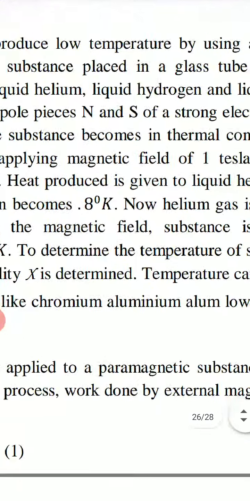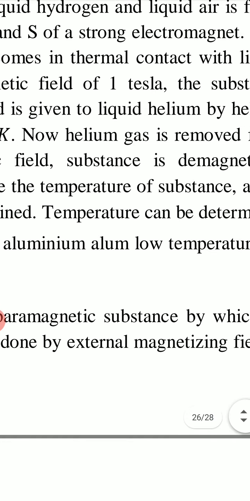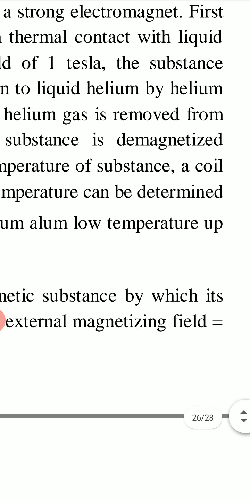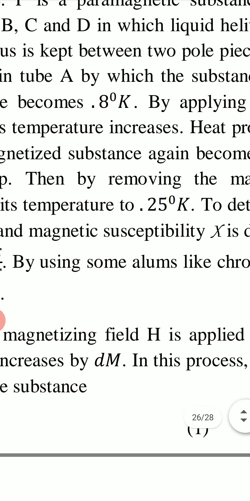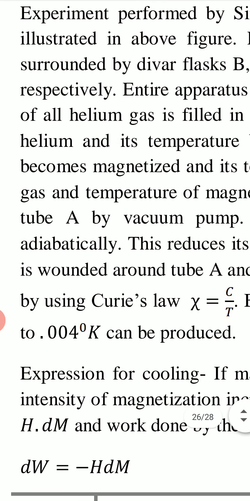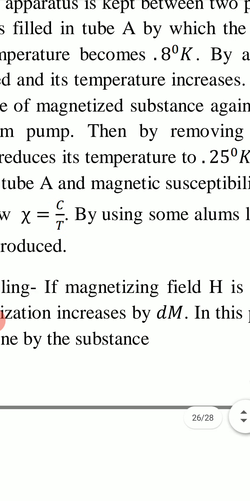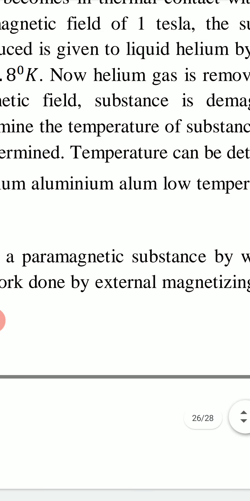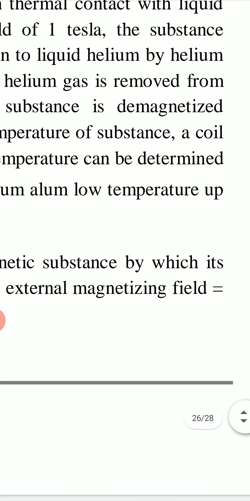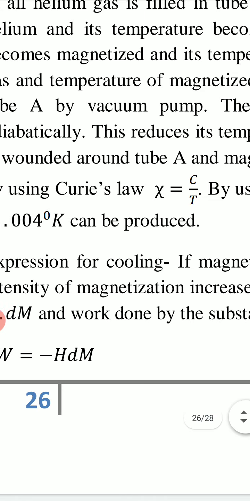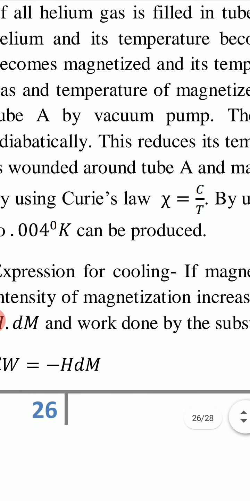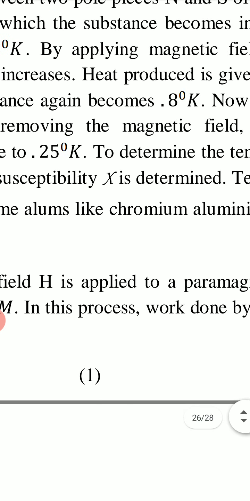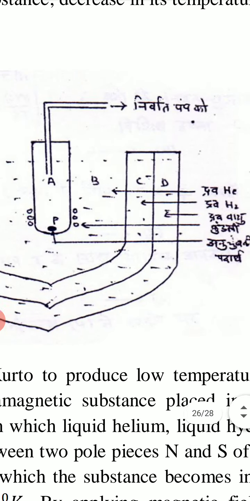By applying a magnetic field of the order of 1 Tesla, the substance becomes magnetized and its temperature increases. Heat produced is given to liquid helium by helium gas and the temperature of the magnetized substance again becomes 0.8 degree Kelvin.